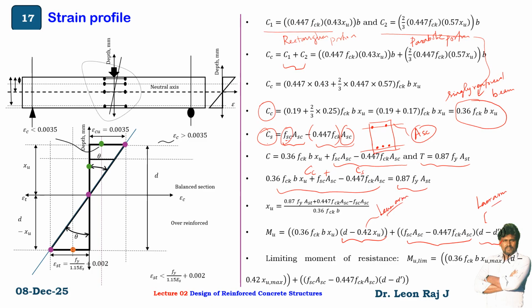Based on this, Mu limit is 0.36 fck b xu max into (d minus 0.42 xu max) plus (fsc Asc minus 0.447 fck Asc) into (d minus d dash). So this is the Mu limit, or limiting moment of resistance for a doubly reinforced section.